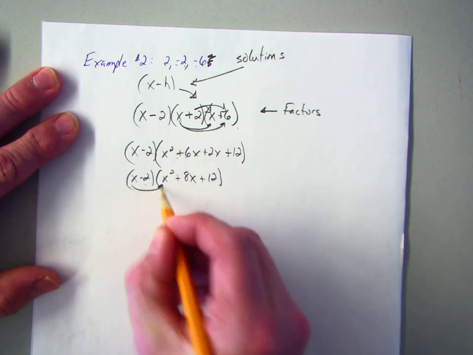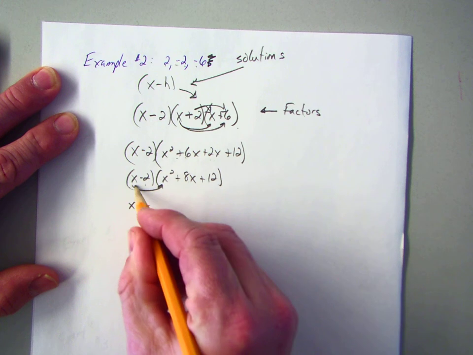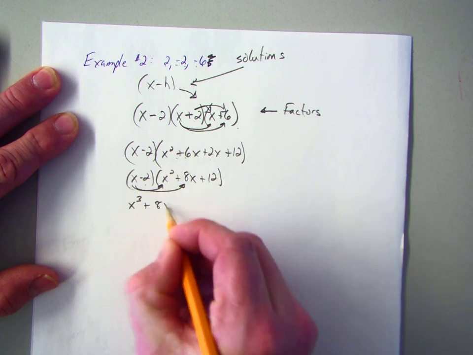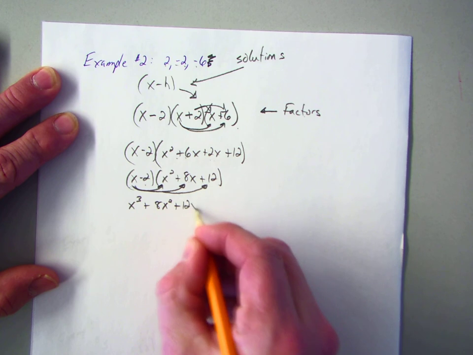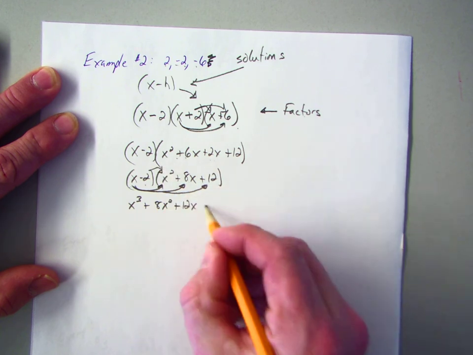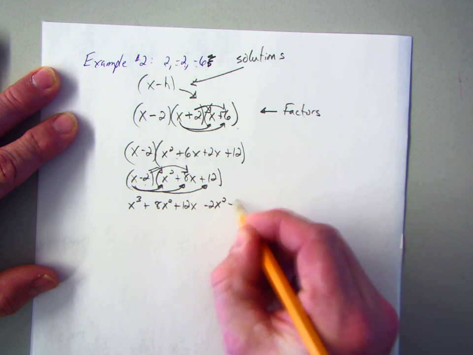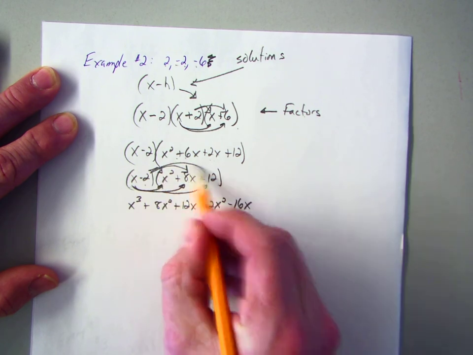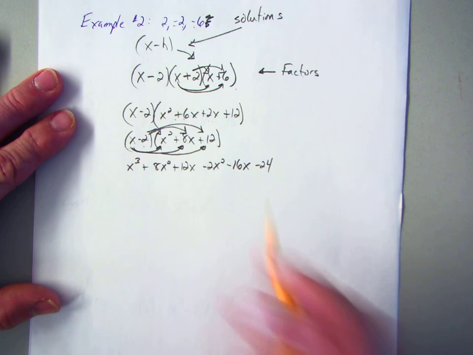So it'll be x times x squared, which gives me x cubed plus 8x squared plus 12x minus 2x squared minus 16x minus 24. And then combine like terms.